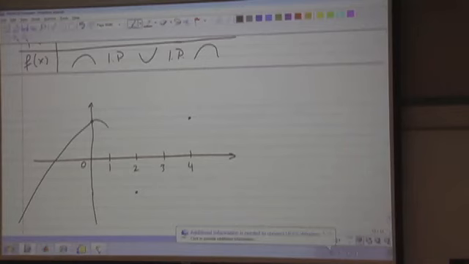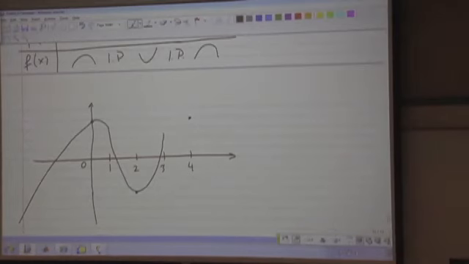Between 1 and 3, my function's concave up, and at 2 I have a minimum. And then from 3 on is again concave down, and I have a maximum. Is this making sense? Everybody sees this?